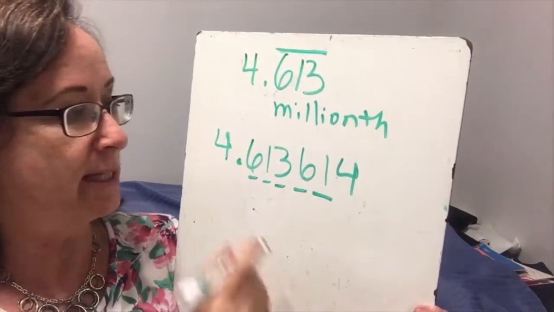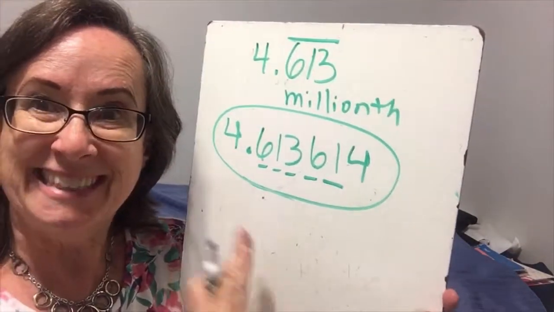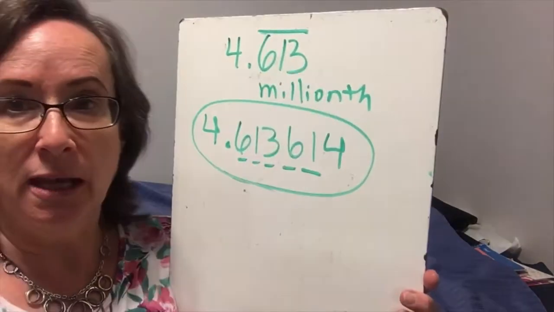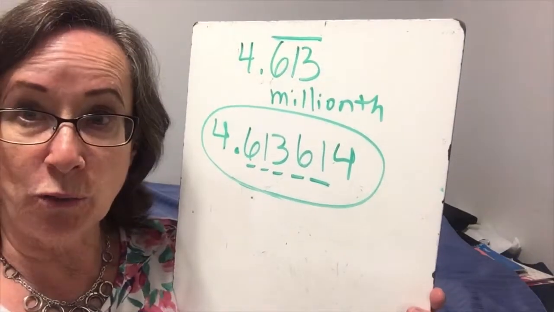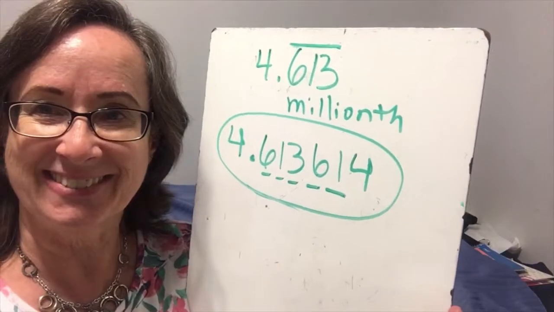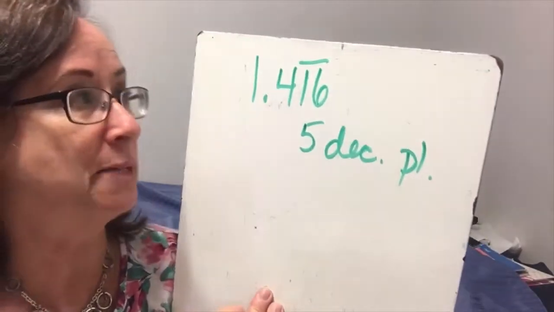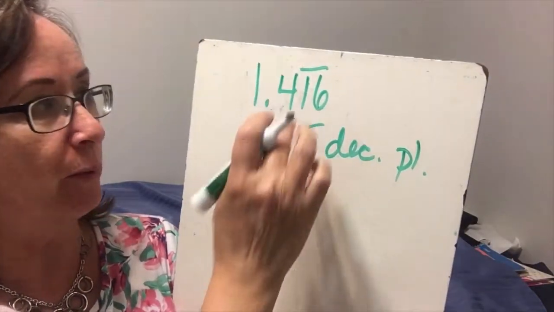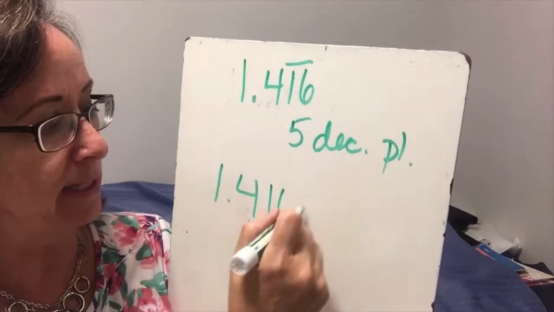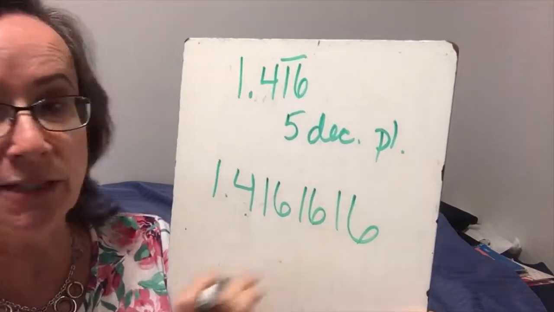So we're doing it just the same way we did before. We just have to carry it out several times so that we have enough numbers to round to that decimal place. On this number, we need to take it out to 5 decimal places. So again, 1.4, the repeating part is 16, so we're just going to take it out a few places so that we have plenty of spots.